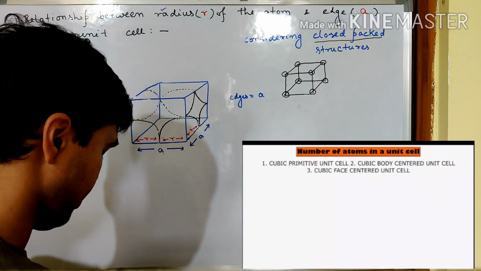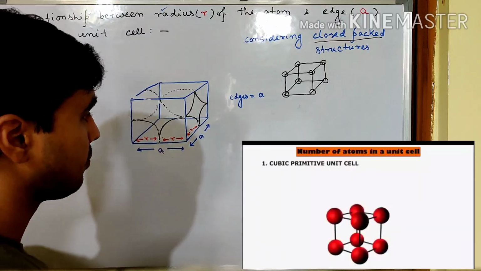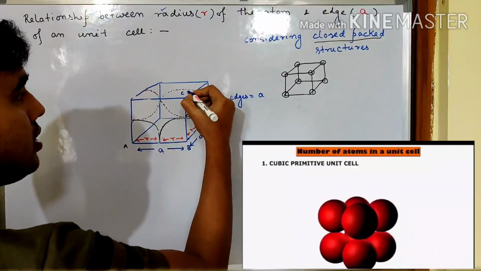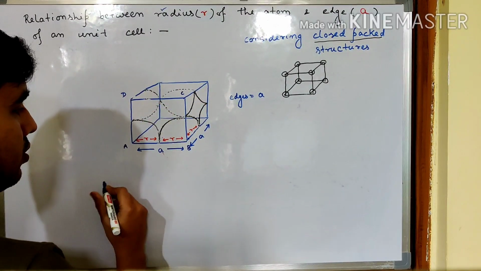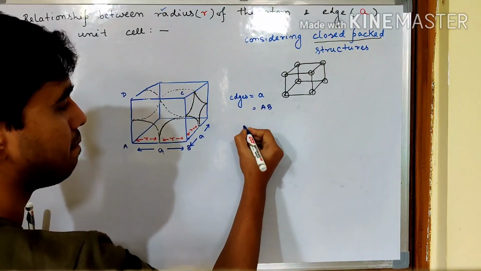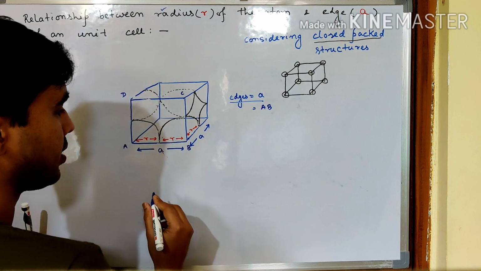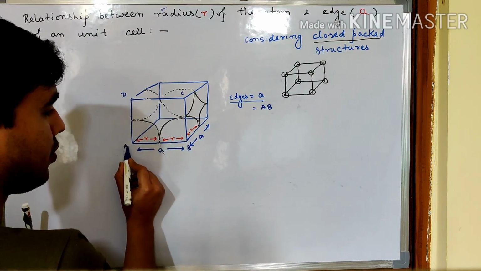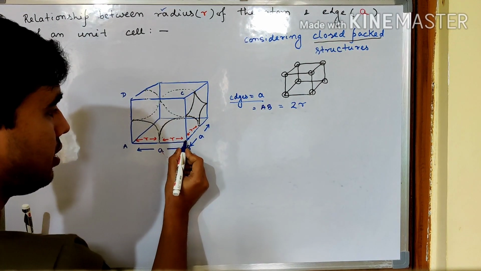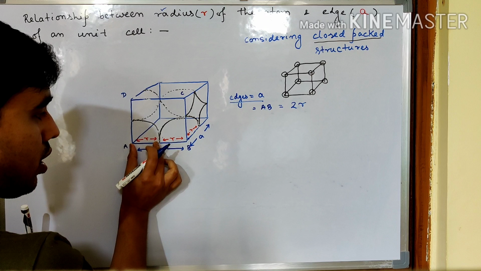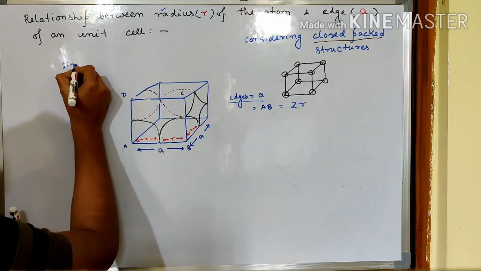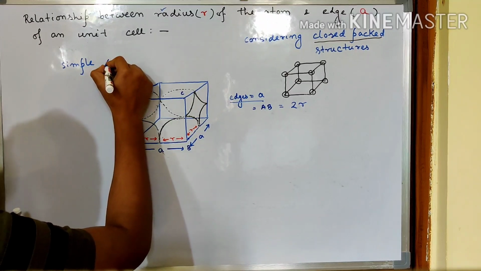Okay. Now, suppose this is A, this is B, this is C, this is D, like that. So obviously, it is equal to AB, which is the edge, and AB is also equal to 2R, because see the radius, 2R will combine to give A in case of simple cubic.